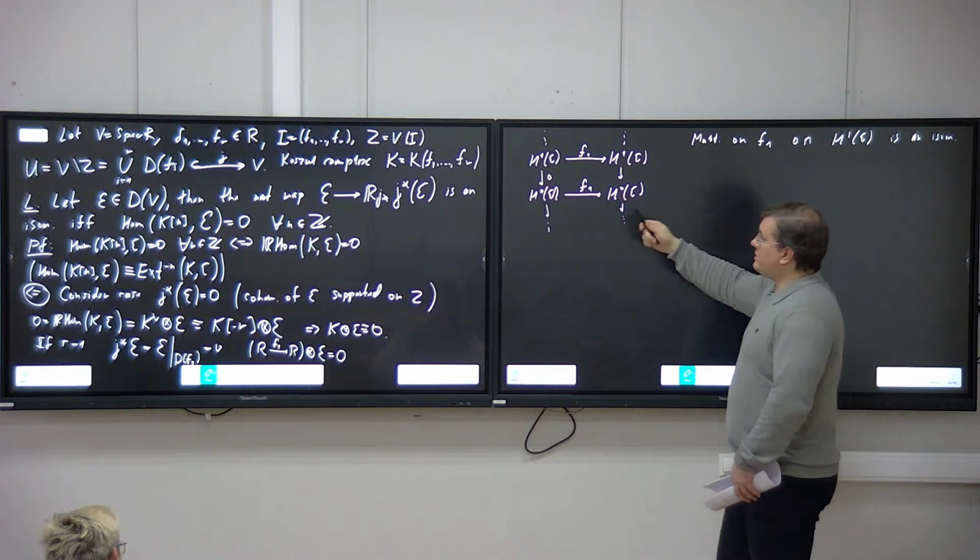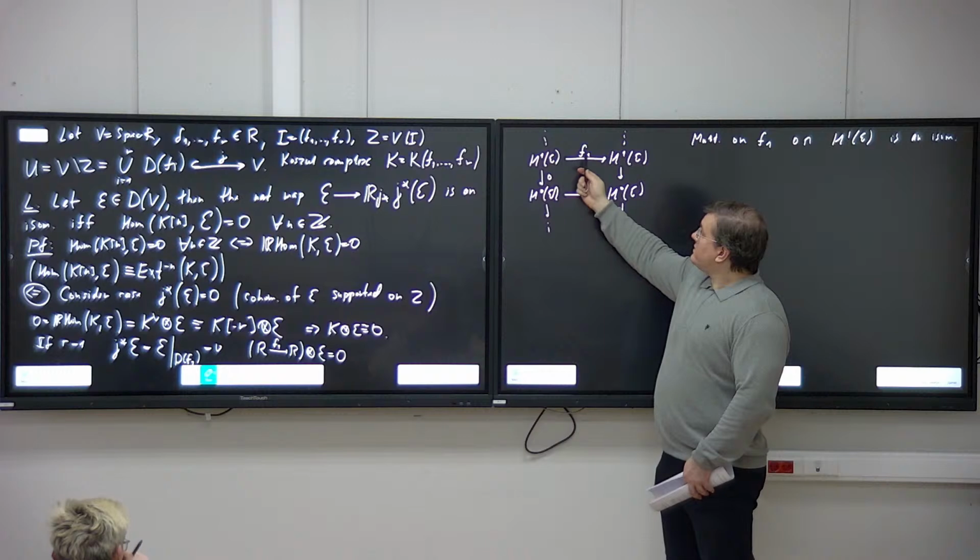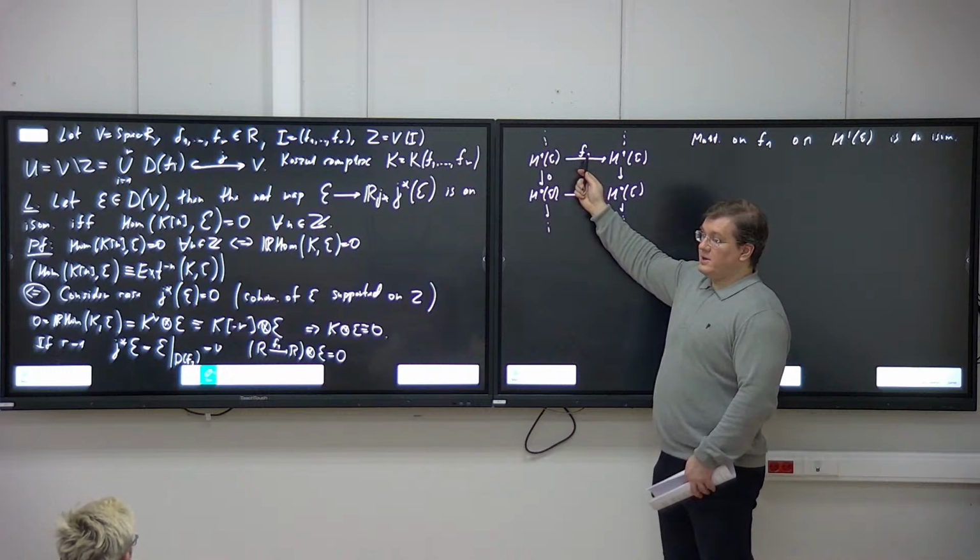So I take an element here: on one hand, multiplication by f is an isomorphism; on the other hand, it is a nilpotent operator.